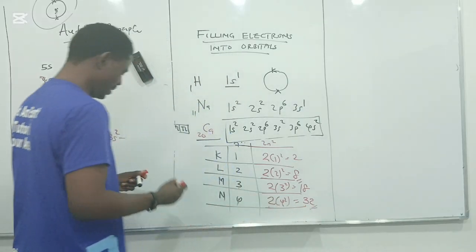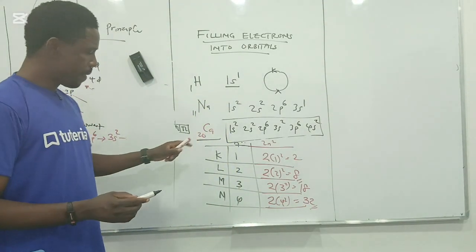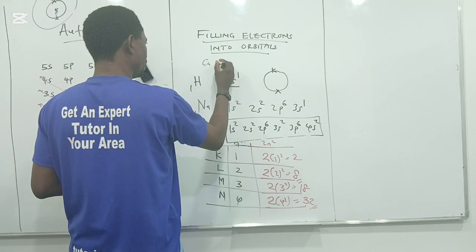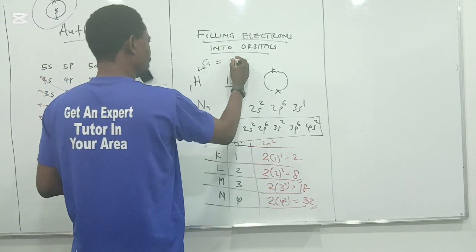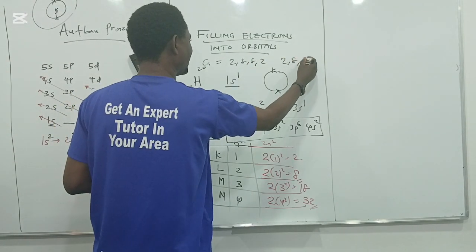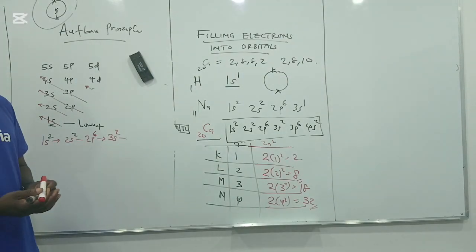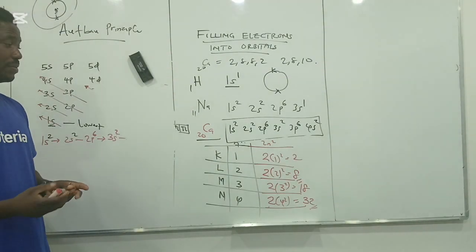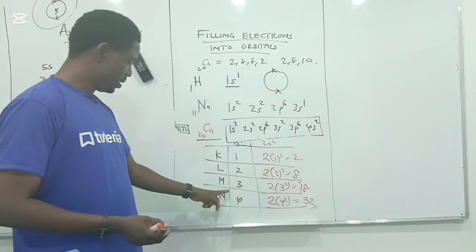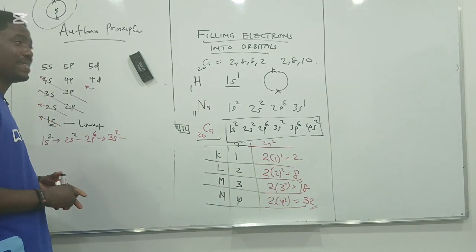So the student was asking me, why do we write calcium, which is 20, as 2, 8, 8, 2 instead of 2, 8, 10? Have you ever observed that too? This particular question troubles a lot of people. Why not 2, 8, 10, because the third shell can actually occupy up to 18 electrons?